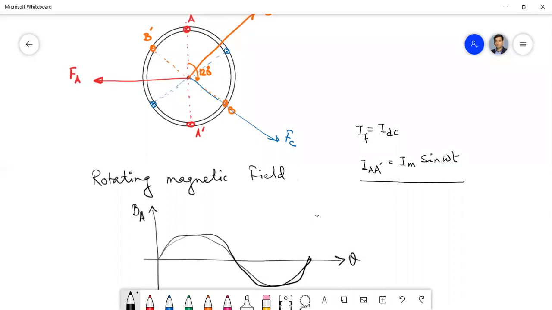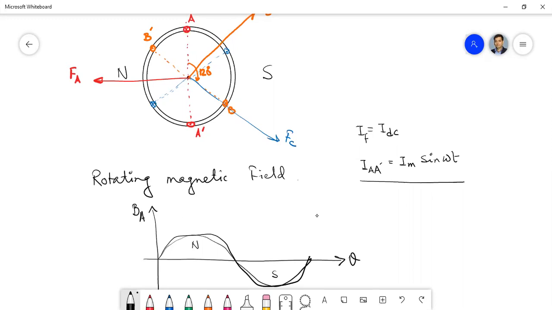So whenever I flow some constant current through this A and A prime, what will be the distribution? Here we will have the North Pole and here we'll have the South Pole, and that will be fixed. The North Pole and South Pole will not change their position or their amplitude, isn't it?